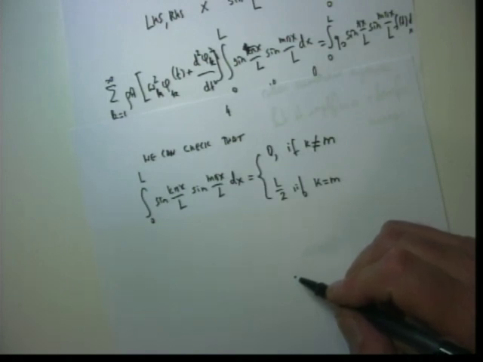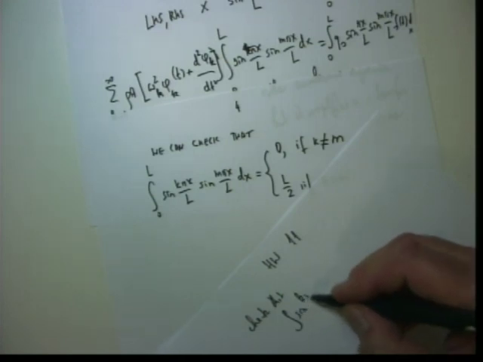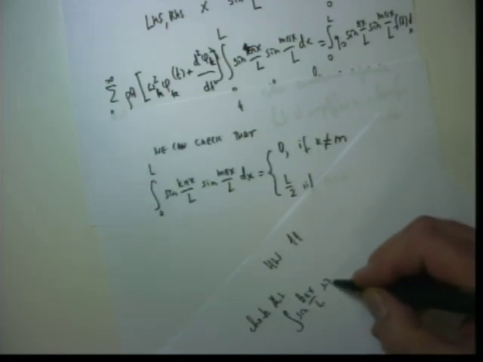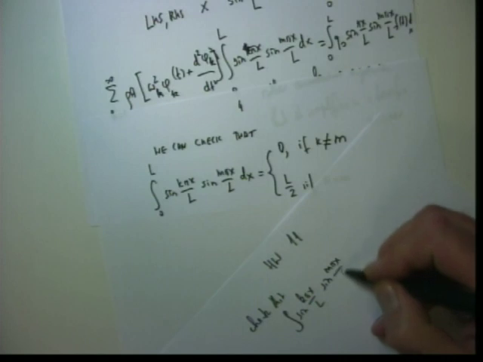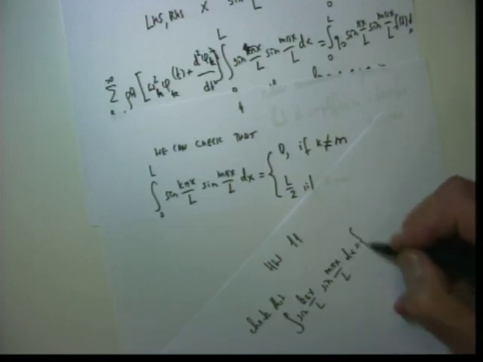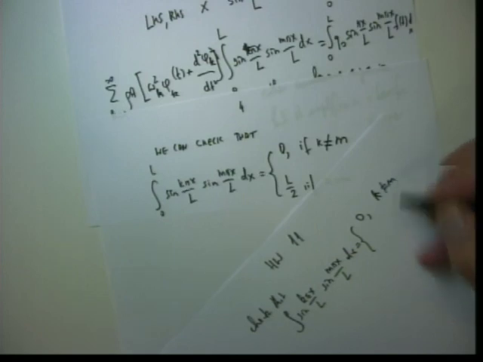So what is our homework assignment? Homework 11. Check that the integral from 0 to L of sine k pi x over L sine m pi x over L dx equals 0 if k does not equal m, and equals L over 2 if k equals m.